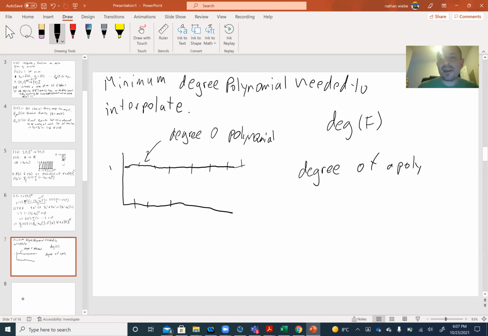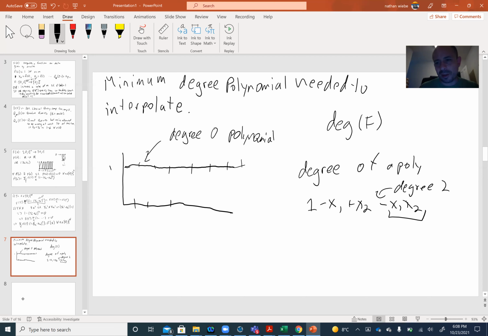It's the highest power of all the terms in it. So for example, imagine we considered the following function. Let's consider 1 minus x1 plus x2 minus x1 times x2. This is a degree 2 polynomial because it's got a quadratic term in here.